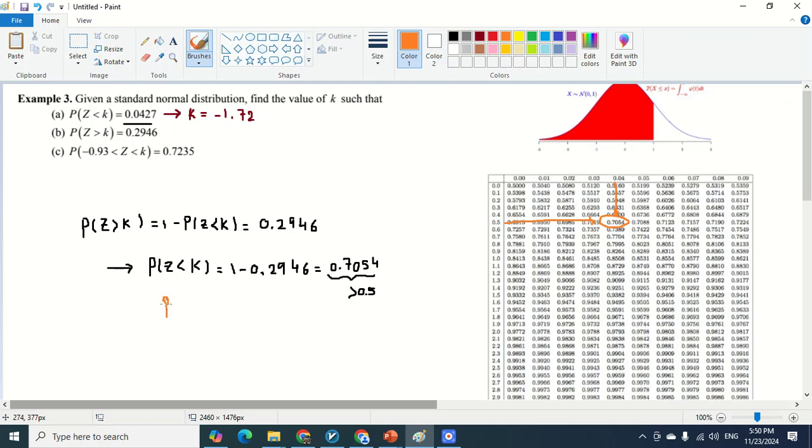Based on the information in the table, the probability of z less than this value, which is 0.5, I find 0.5 in the first column, and in the first row the corresponding second digit is 4, so this value is equal to 0.7054. So in this case we found the value for k as follows. The k over here should be equal to 0.54.